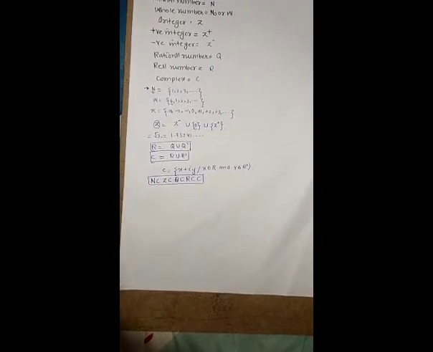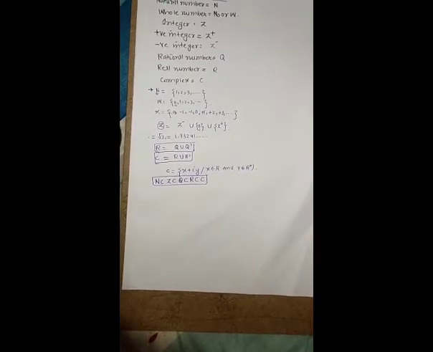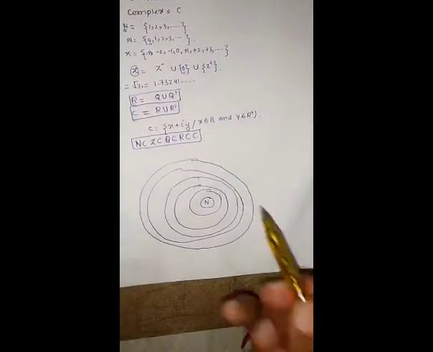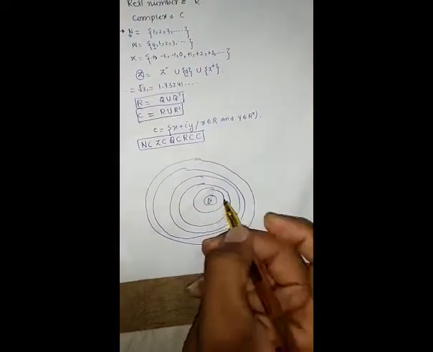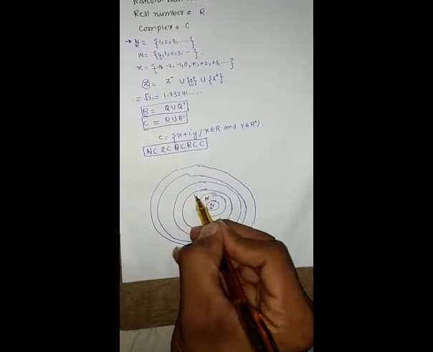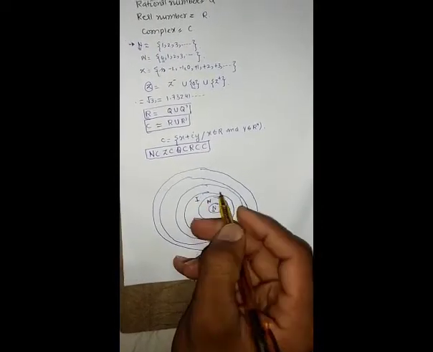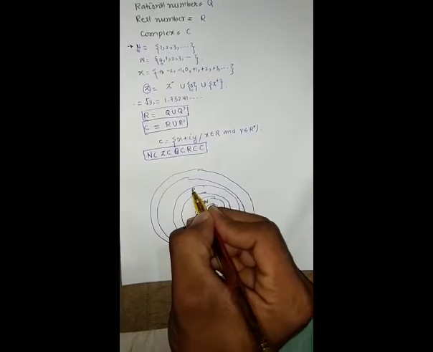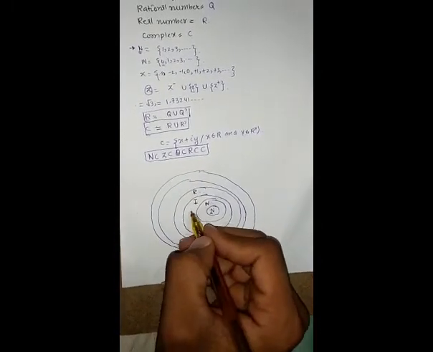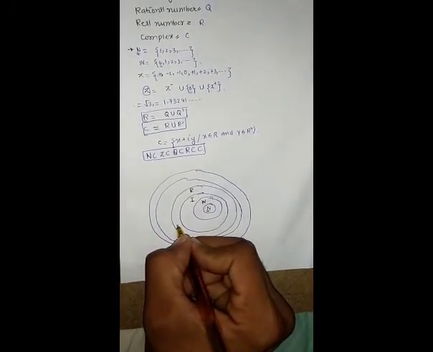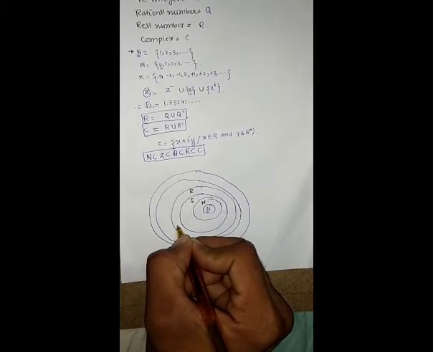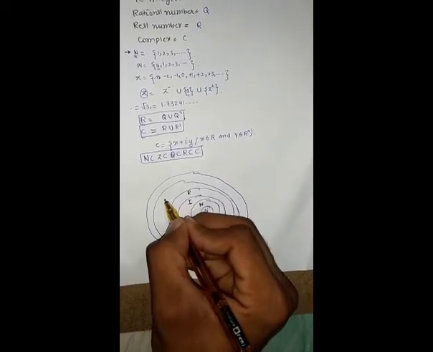So if we draw it like a graph, the graph will be like that. These are the natural numbers, these are whole numbers, these are integers. Okay, and these are rational numbers, and these irrational numbers, there is some portion that is also called irrational.